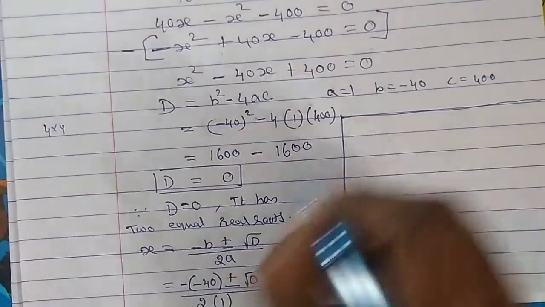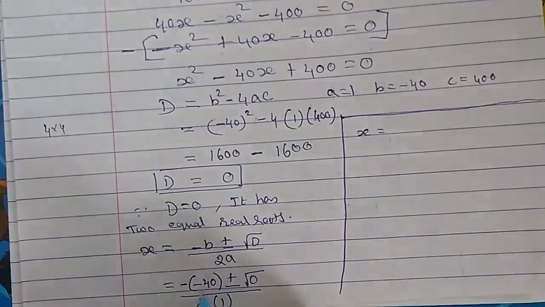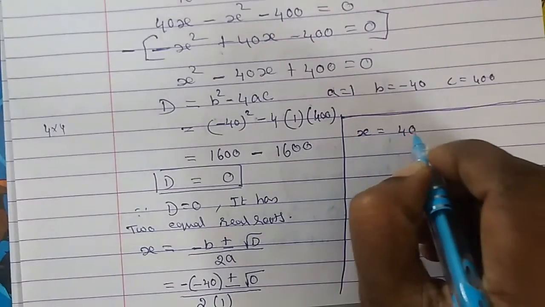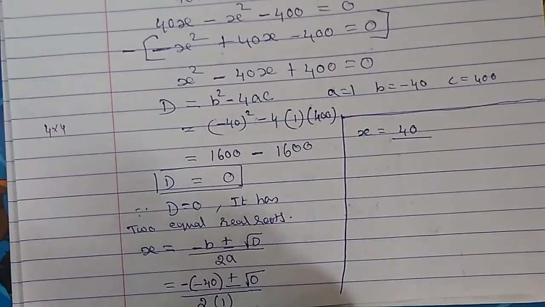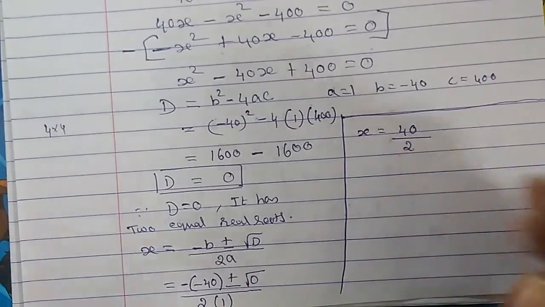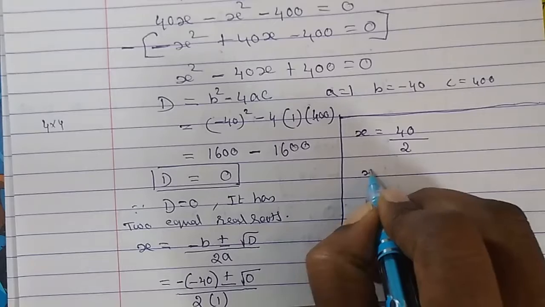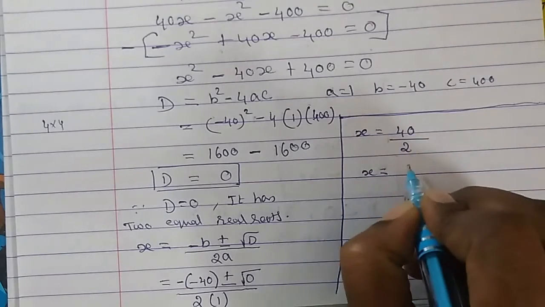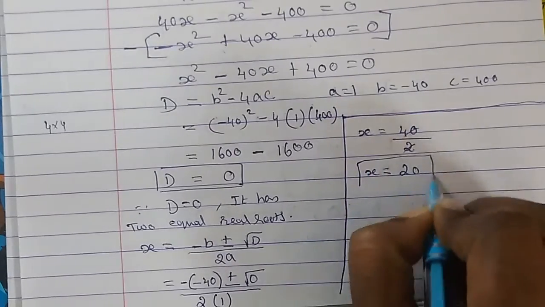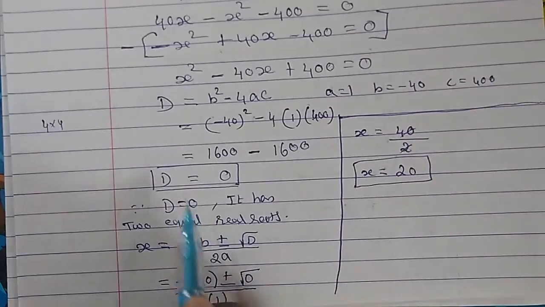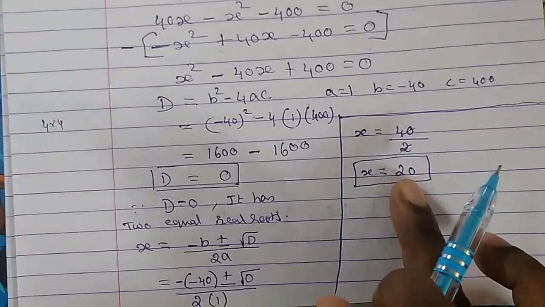Minus into minus will become plus, so 40. Then the whole root thing becomes 0. This will be 2. If we cancel, we will get 20. So x value is 20. We told you when d is equal to 0, same answer twice we have to write. So same answer twice it will come.